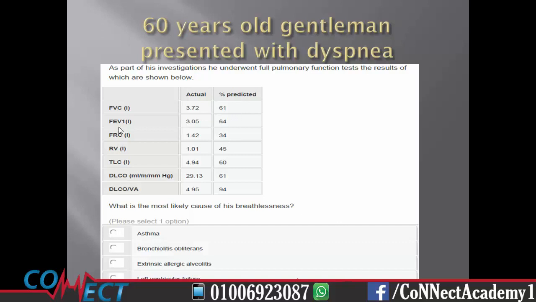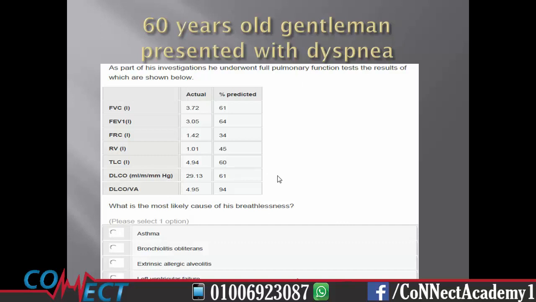So there is reduction of the forced expiratory volume in the first second, but not as much as the reduction in the vital capacity. So the overall ratio is increased. The total lung capacity is decreased. So we are talking here about restrictive pattern.